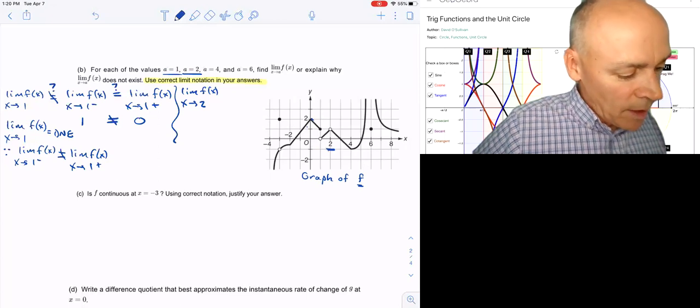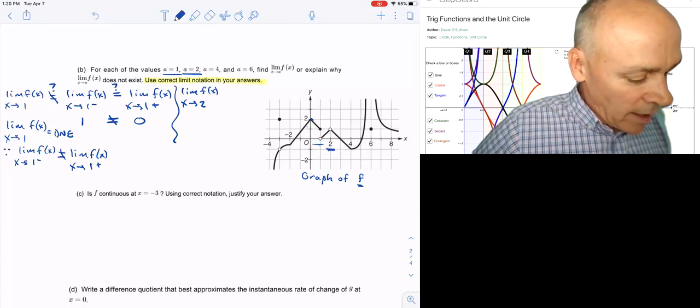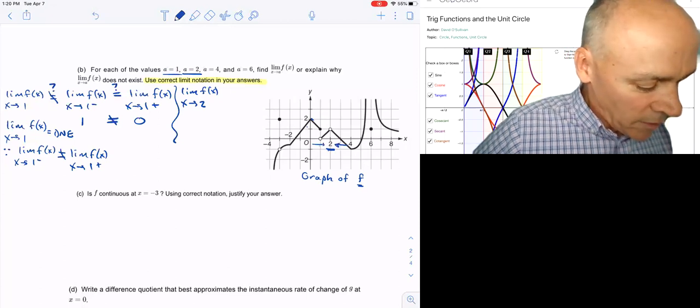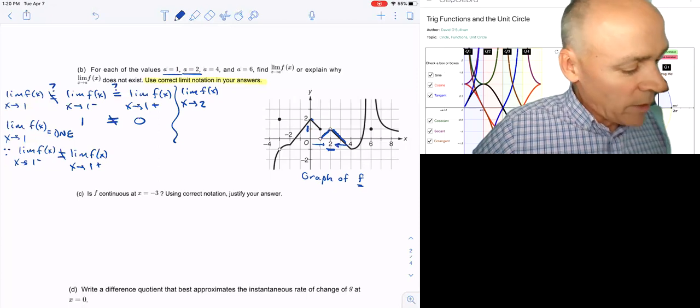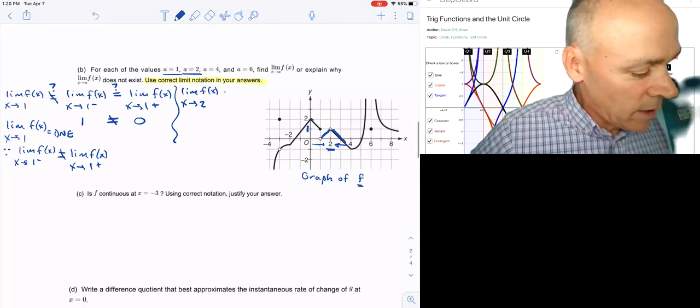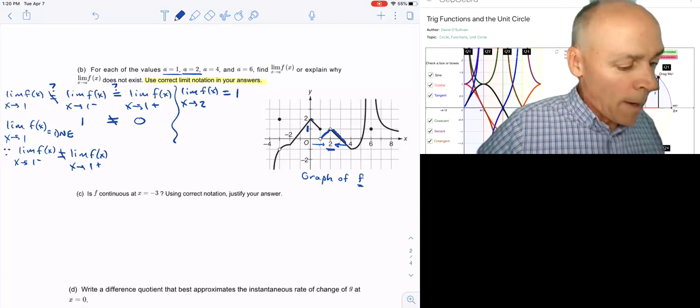And so again, I need to look at as I approach 2 from the left and as I approach 2 from the right, and it looks like it's approaching a value of 1 from the right, the value of 1 from the left. So the limit of f of x as x approaches 2 is equal to 1.